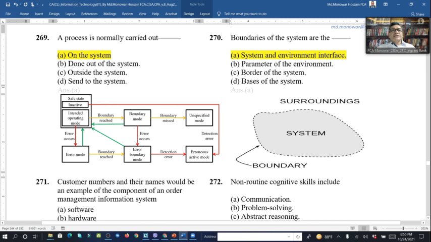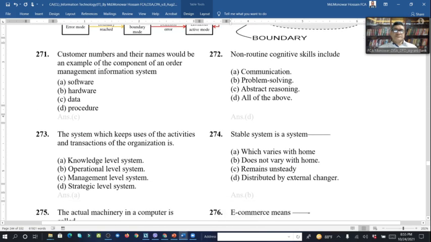You can see the red box, and all the system within the boundary. The system's surrounding is the environment and interface, and within the environment the system is alive or exists, and we can work only inside the boundary. So here, boundaries of the system are the system and environment interface.